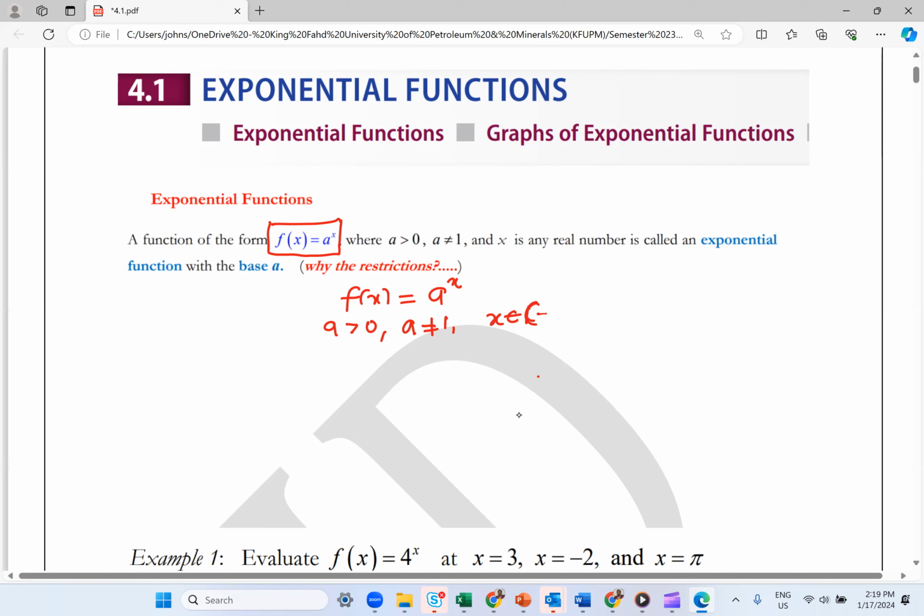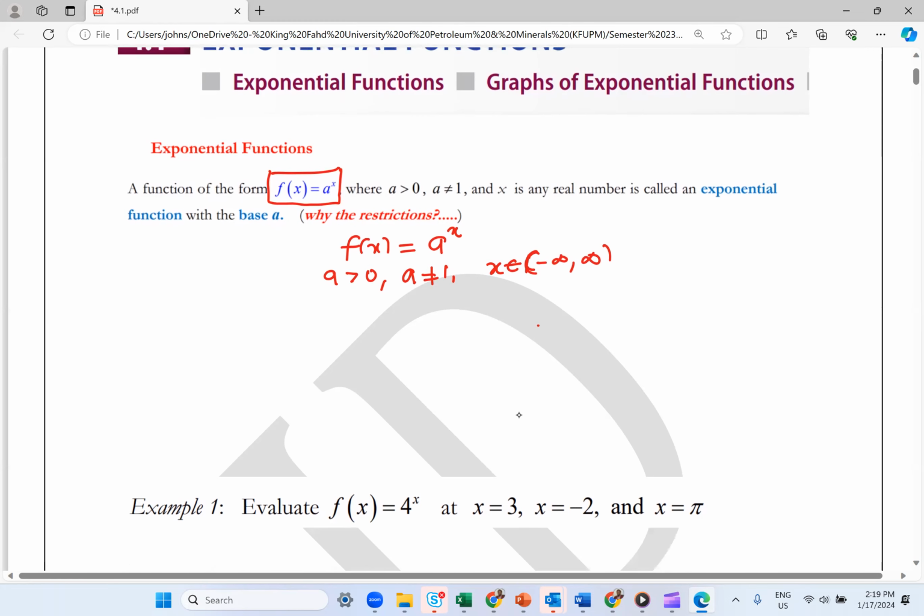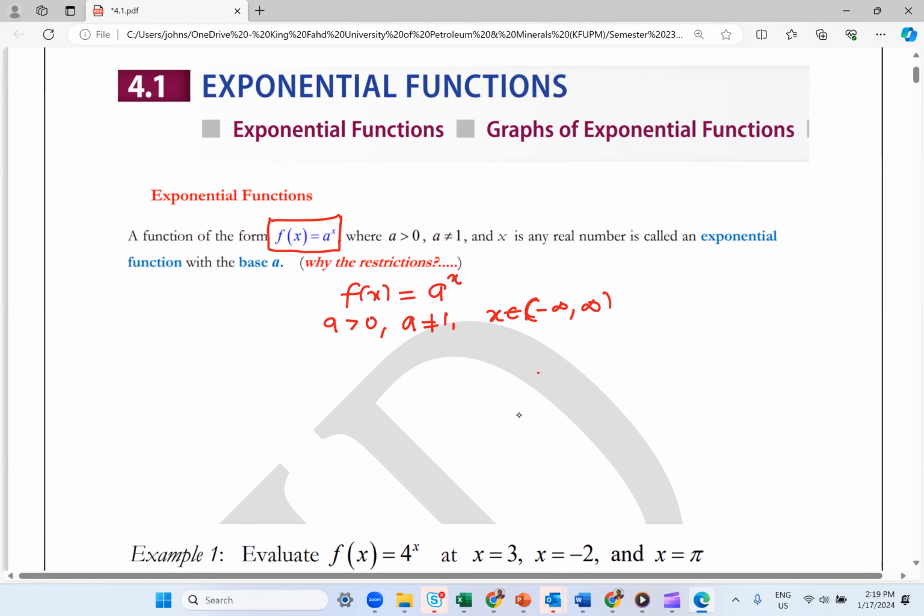So x can belong to any number from minus infinity to infinity. Here, let's discuss why we have this condition. If you have a number line, this is 0.